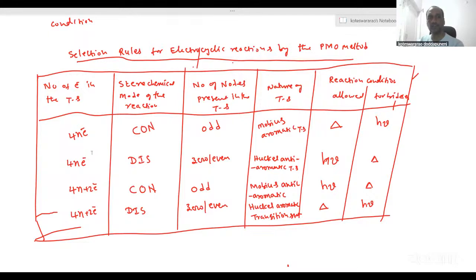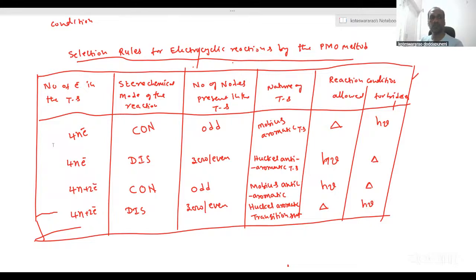For an electrocyclic reaction involving 4n electrons undergoing con and dis stereochemical modes, the transition state may have an odd number of nodes, or sometimes zero or an even number of nodes. Based on that, we classify the transition state, and based on the transition state, we classify whether the reaction is allowed or forbidden under that condition.